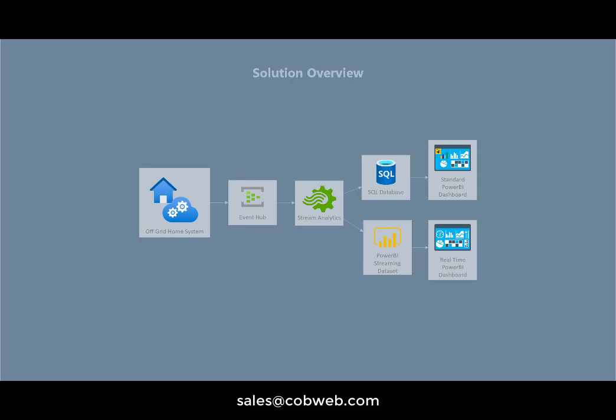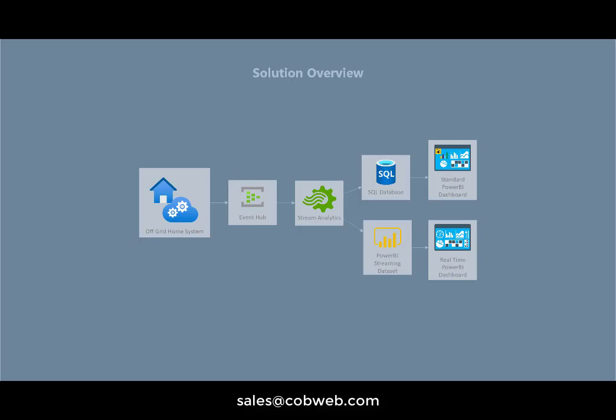So we set up an Event Hub in Azure, and we configured the system to post its data to the URL of the API for the Event Hub. We then took the output from the Event Hub and passed it into Stream Analytics. And Stream Analytics then passed the data to two places in real time.